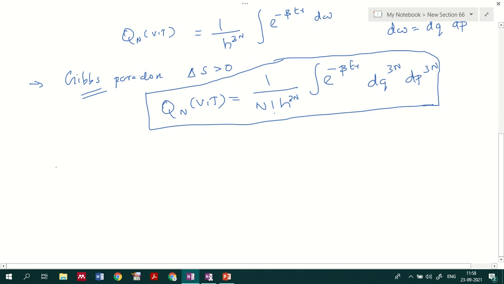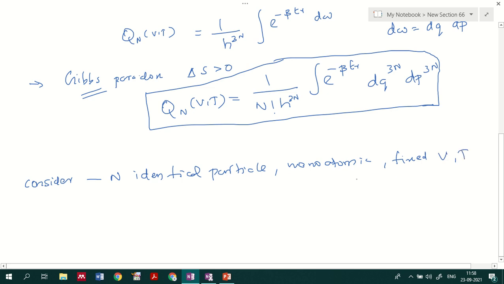Now let me consider we have n identical particles in a classical ideal gas situation, and they are monoatomic. Since it's monoatomic, we'll have degree of freedom 1 corresponding to that, and we have fixed volume and temperature as well.